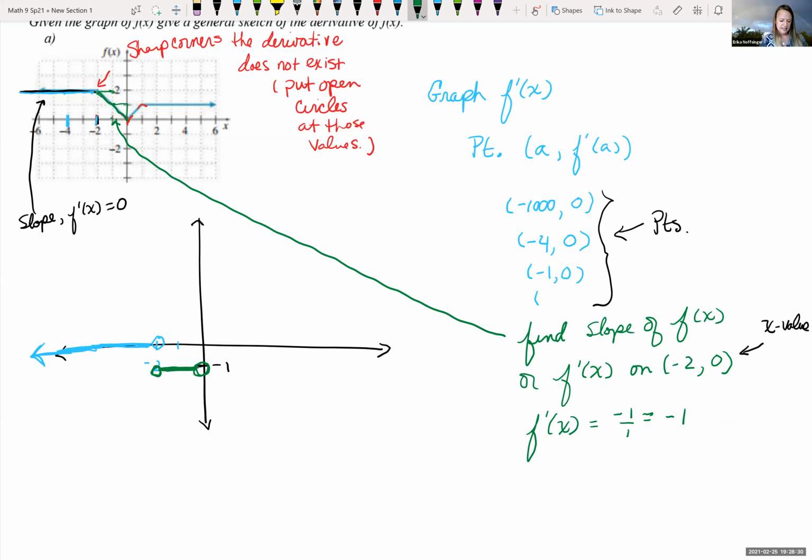Now I'm going to go to the next piece of the graph where I see that it's increasing. It's increasing from x equals 0 to x equals 1. So I need to figure out what is the slope. So find the derivative of f of x on the interval when x is 0 to x is 1.